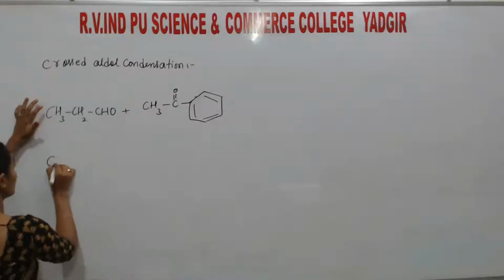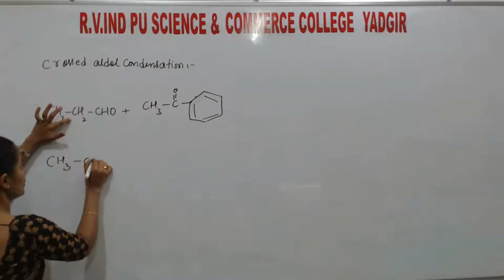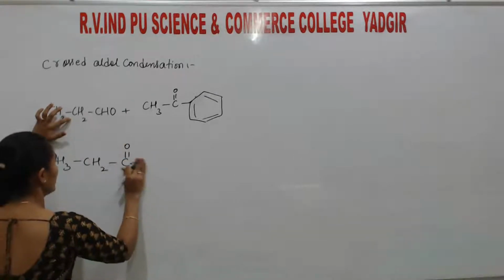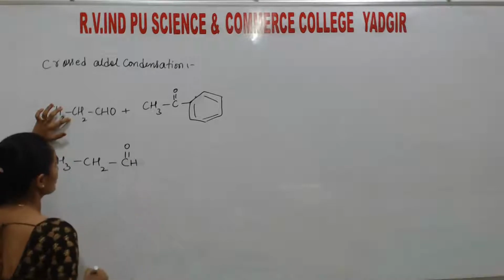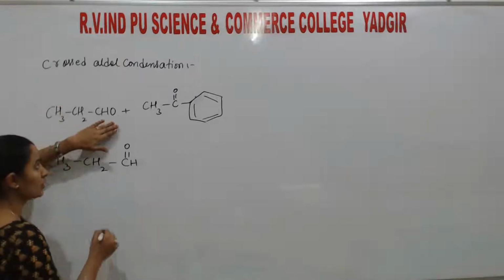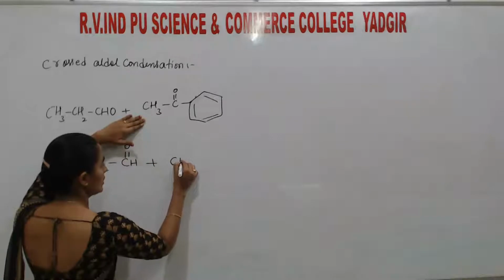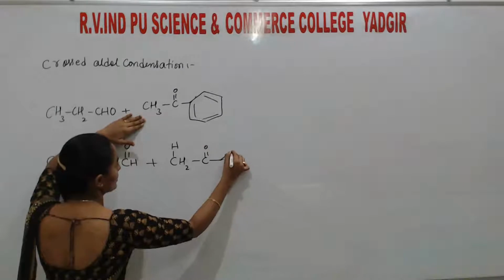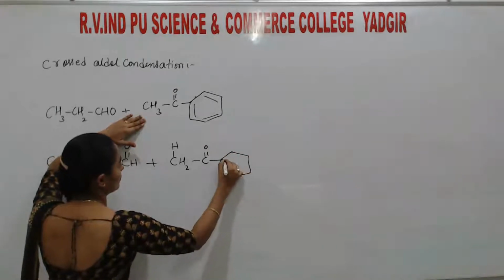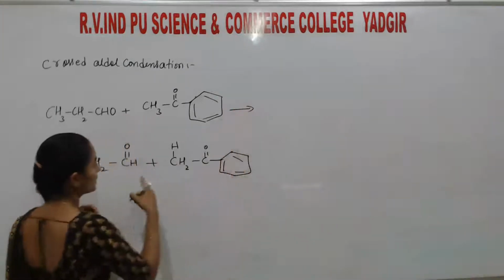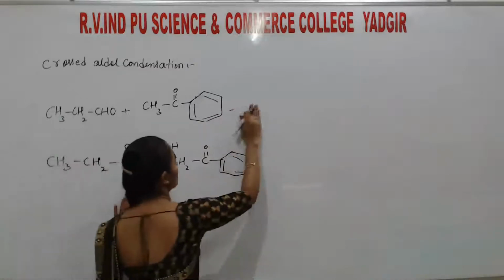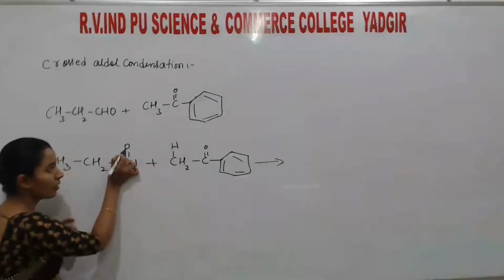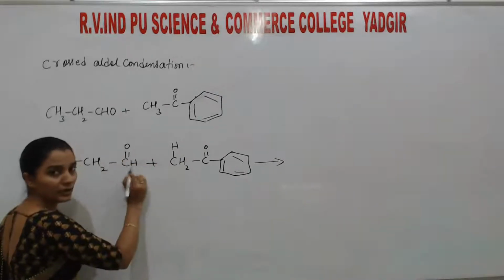Here I write this molecule as CH3, CH2, C double bond O, H. This is the reagent. So here it is CH2, I'll take this H here, C double bond O, and this is the benzene. The second reactant. So what happens here? This H is going to attach here, and these two are bonded with each other.